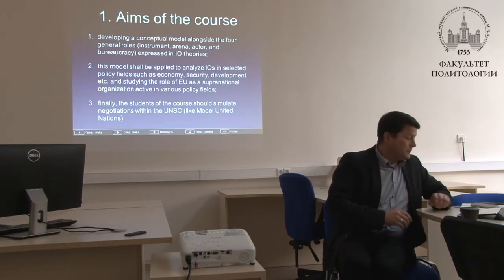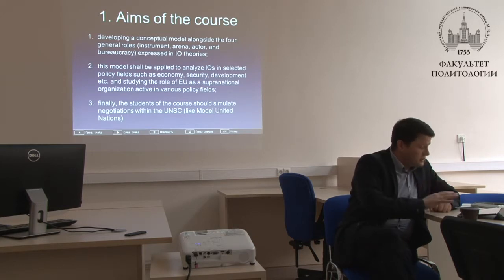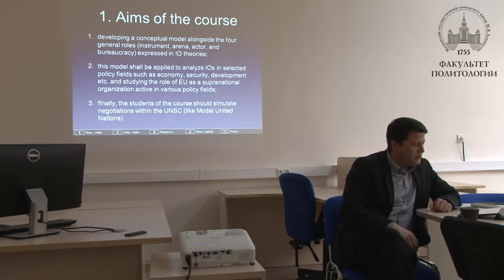Aim of the course. What I want to do in this course, not only today, but in the course I'm hopefully teaching next fall, is to develop a conceptual model alongside the four general roles of international organizations. They can be seen as instruments for states. They can be seen as arenas where major actors, in particular states, can negotiate.